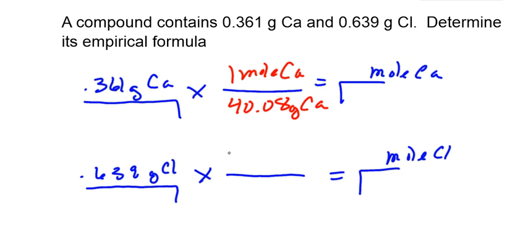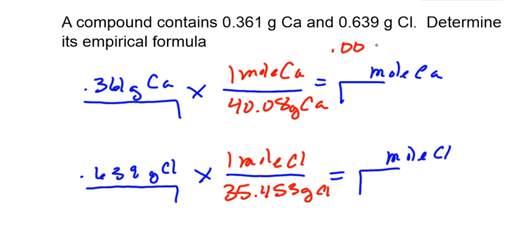And likewise, times 1 mole of chlorine over its mass on the periodic table, 35.453 grams of chlorine. And that equals 0.00901 moles for calcium, and 0.0180 moles for our chlorine.